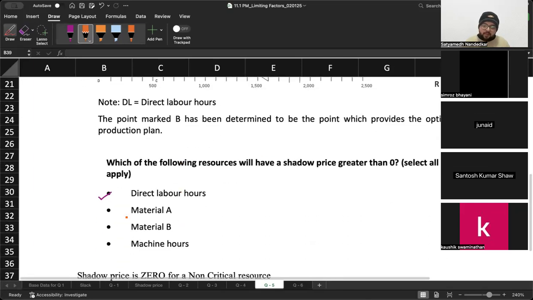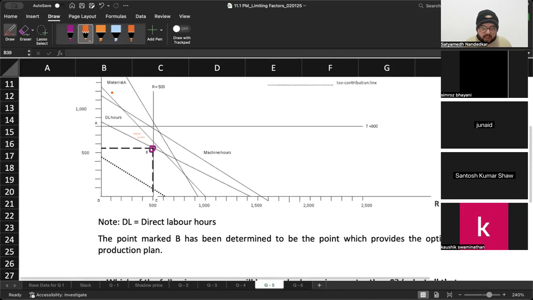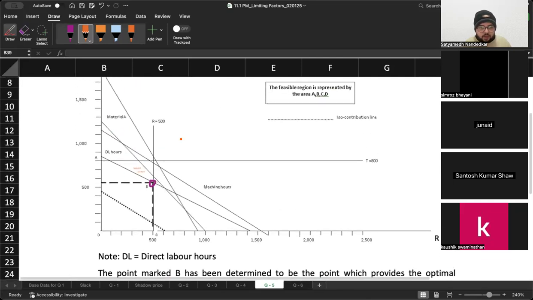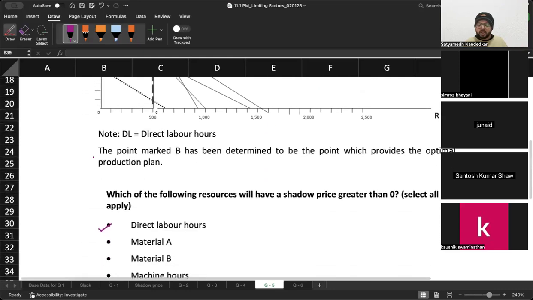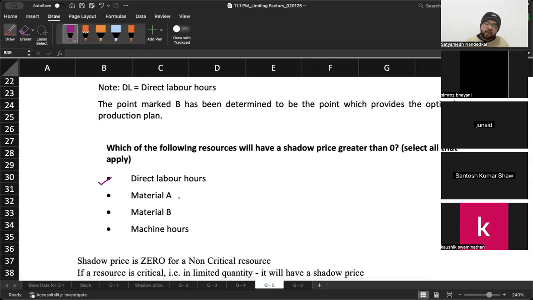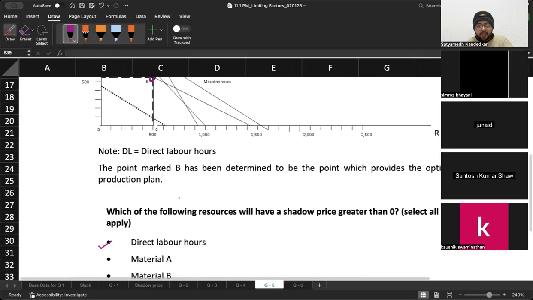So material A, या if I talk about material A हो गया या material B हो गया, both of these are above the optimal solution का point. Hence these are available in abundance. So there will be no shadow price. Shadow price will be zero. Only for direct labor hours will the shadow price be greater than zero. ठीक है.